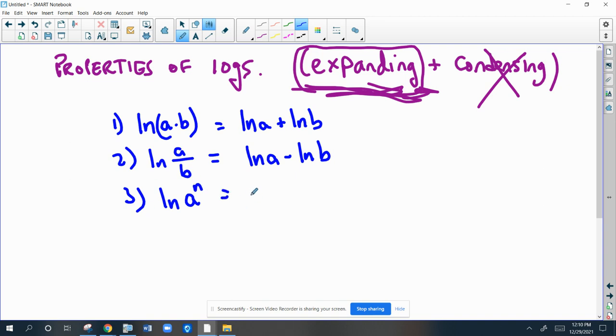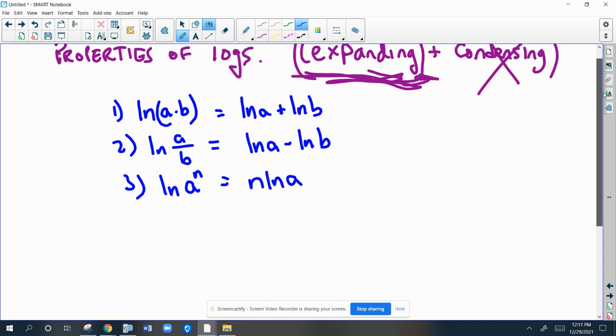It's the power times the natural log of the base. So that's how you expand logs, and that's going to be very, very useful when we take the derivative.